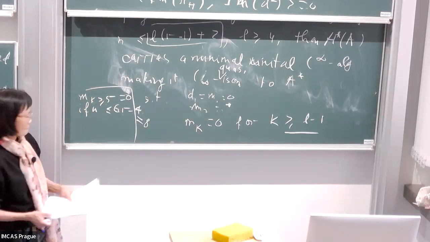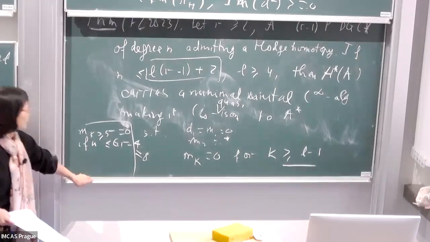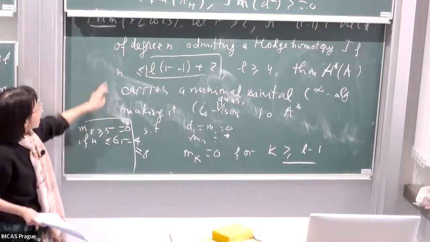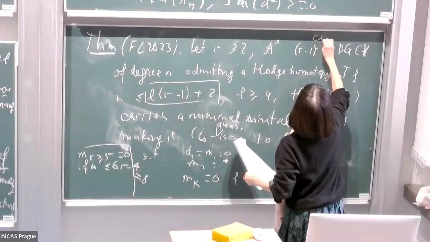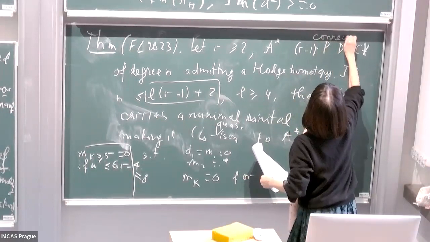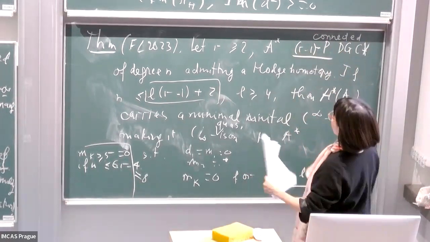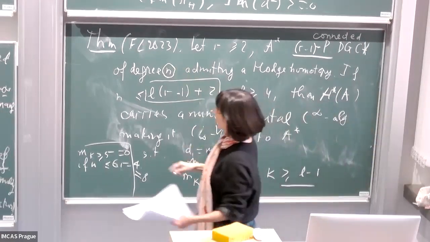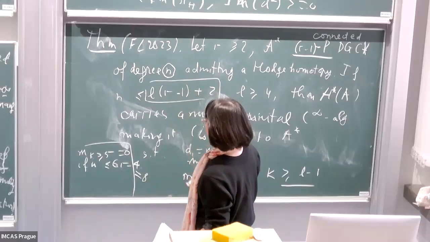Just to clarify, can you show the hypothesis again? R is the hypothesis on connectedness. So R is a connectedness condition of degree n, where the degree is the maximal degree with non-zero chains.